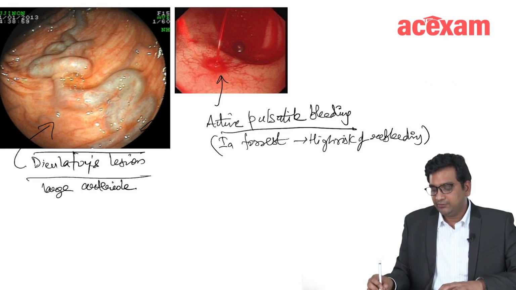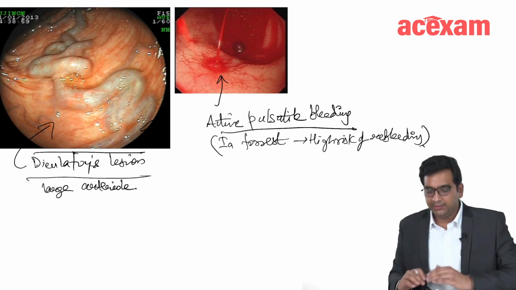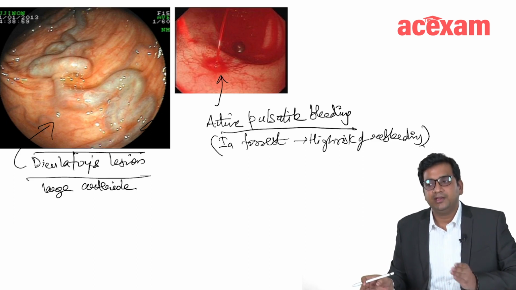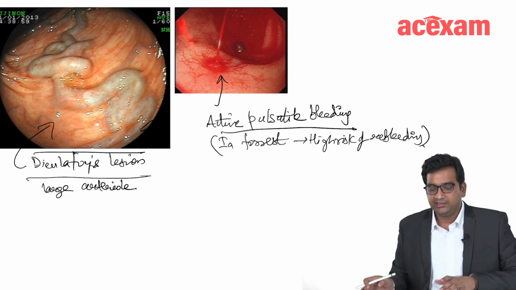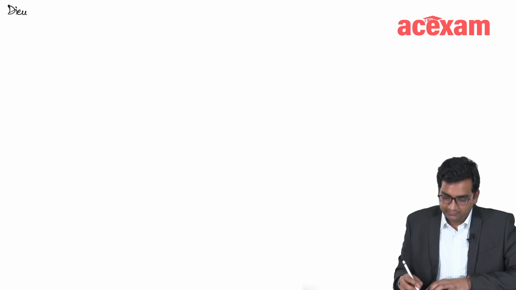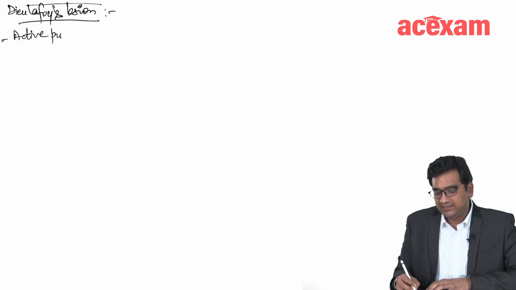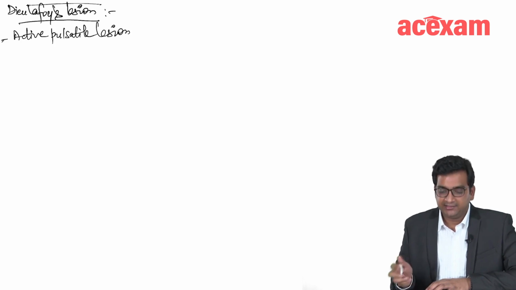So there is a very high risk of rebleeding in Dieulafoy's lesion, and we should go for early upper GI endoscopy and electrocoagulation in these patients. Okay. Now we will discuss the Dieulafoy's lesion. There is active pulsatile lesion.